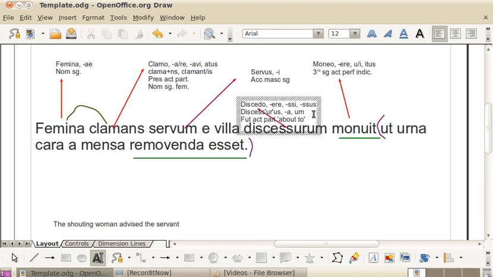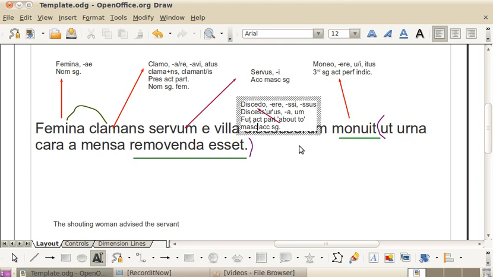Discessurum ends with -um, and in the first and second declension, will indicate a masculine or neuter idea in the accusative singular. It could also be neuter nominative singular, but since we have a feminine subject, we can discount that.